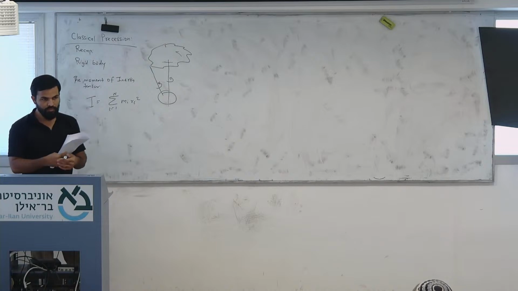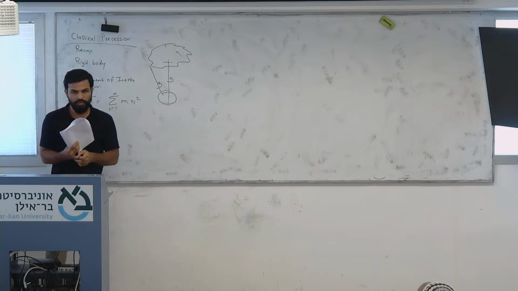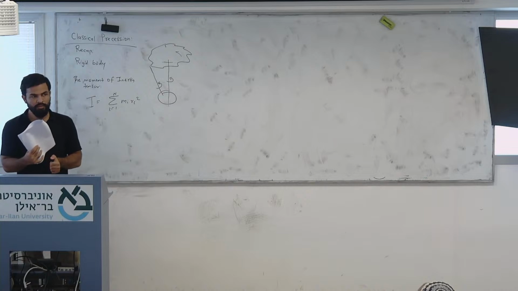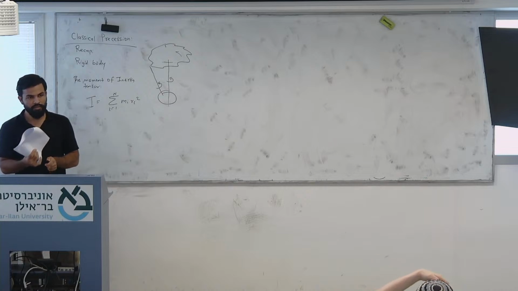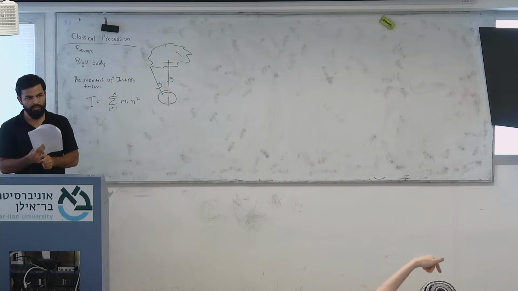As the body rotates, x squared changes if your coordinates remain fixed. If it rotates at speed omega, then x goes as x0 times cosine of omega t. So the moment of inertia should change with time.